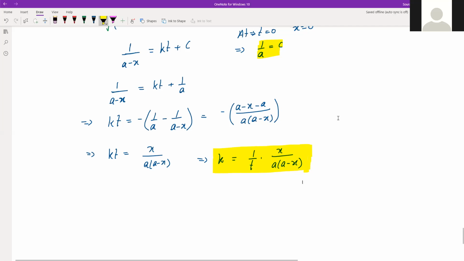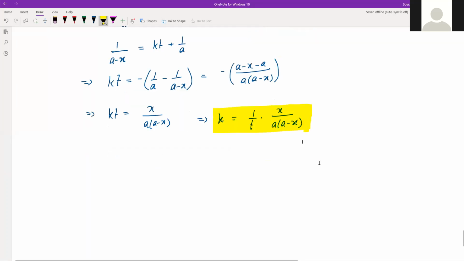So this is the integrated rate equation for a second order reaction. Right? And again here x is a concentration term, and in the denominator you have concentration into concentration. a is a concentration and a minus x is also a concentration. So if I have to find the unit of k, right?